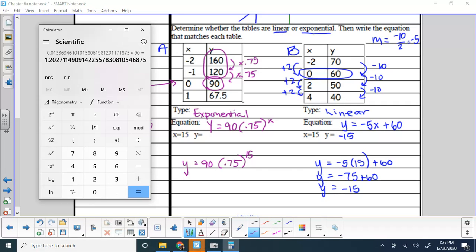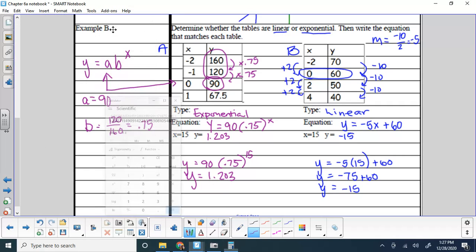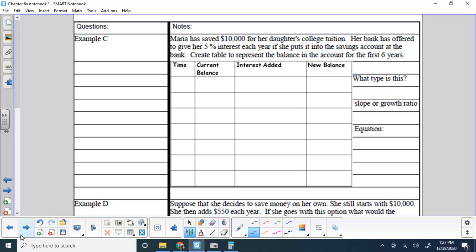So y equals 1.203. There you have it. Y is going to be that value. Excellent work. All right, let's move on to the back side of our notes packet.